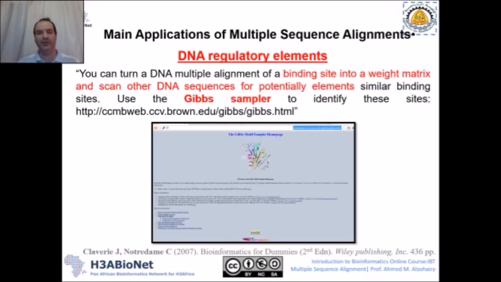Also, one of the main applications is to find a DNA regulatory element, and there are many programs to do this, like Gibbs sampler, and there is a link here you can see and follow. And of course, this is a very good and important application too.